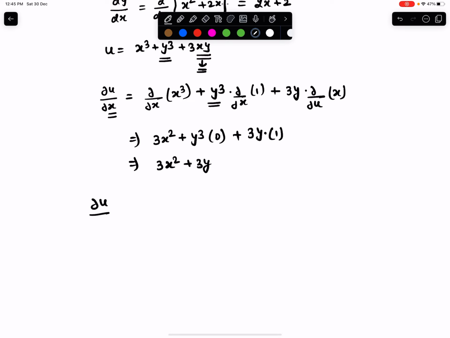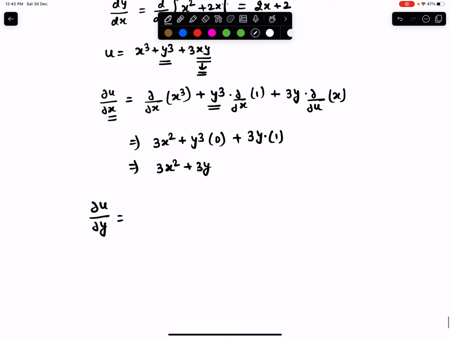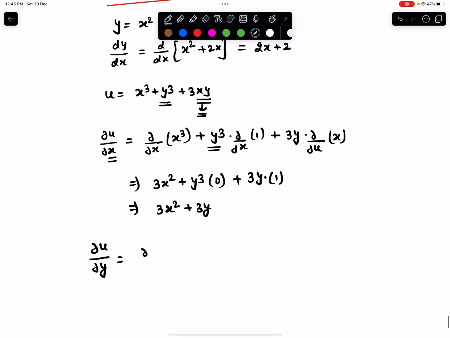Now we will differentiate it with respect to y. So we get curly by curly y of x cube, where x cube will be constant, curly by curly y of 1, plus curly by curly y of y cube, plus 3x constant into curly by curly y of y.